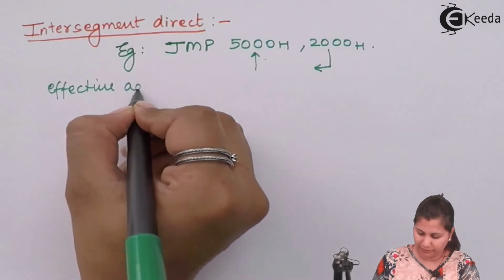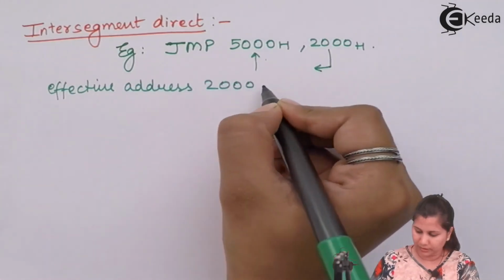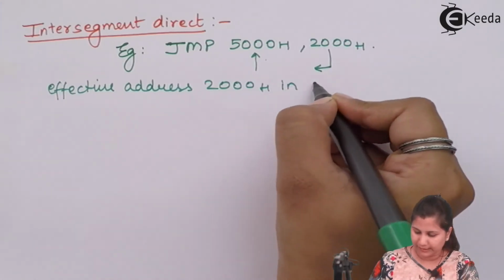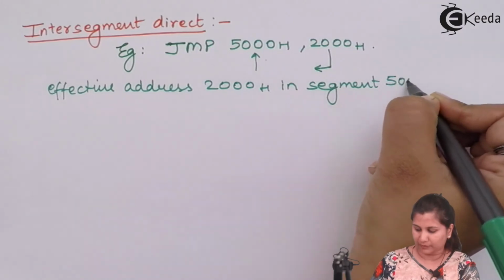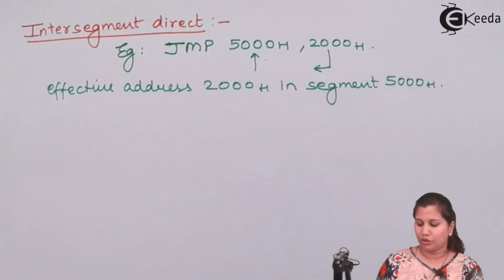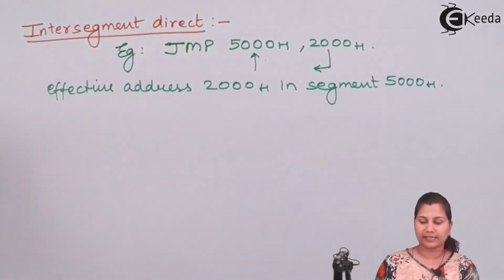So here we have effective address 2000H in segment 5000. The address is directly specified in the instruction itself.